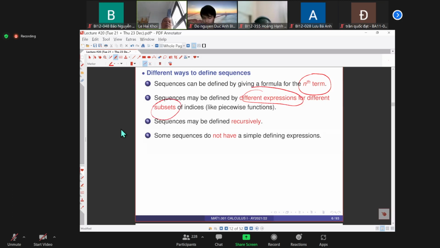Next, sequence may be defined recursively. Recursively, later I talk to you what is that. And sometimes sequence, we know this, but we cannot have the expression. Ta biết là có cái dãy đấy nhưng mà không viết được số hạng tổng quát của nó đâu.